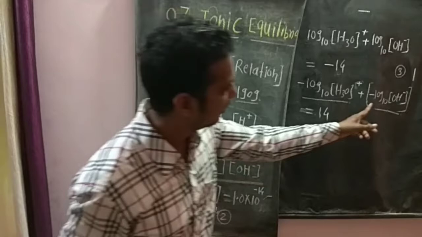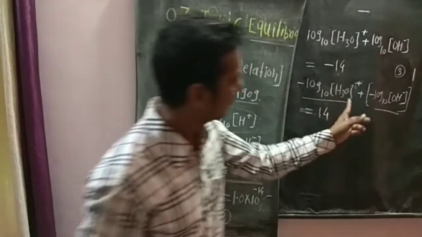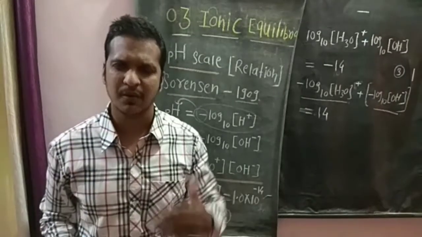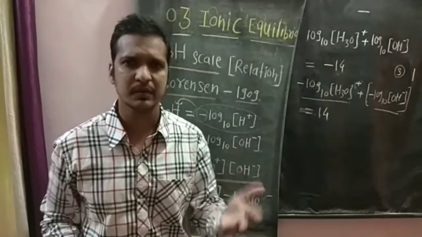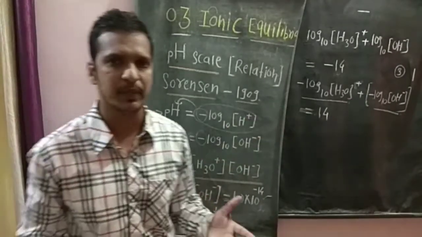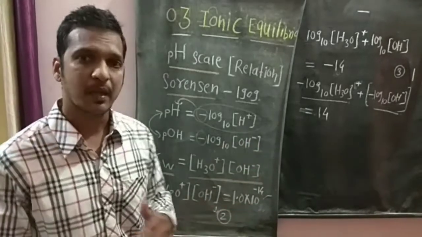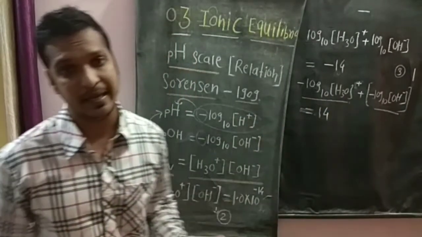Negative logarithm to the base 10 concentration of H plus means pH. H plus means H3O plus, the hydronium ion, or we can say H plus ion. Both are the same. Concentration of H3O plus means concentration of H plus. H3O plus means hydronium ion and H plus means hydrogen ion.